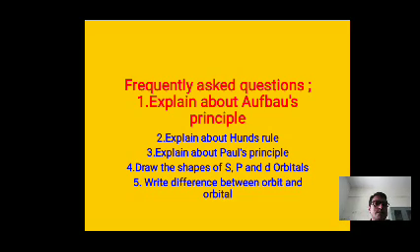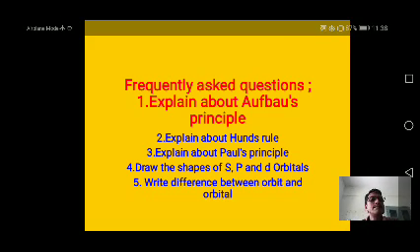Explain about Hund's rule. Whenever degenerate orbitals are available for electrons, the pairing of electrons takes place only after all orbitals are filled with one electron each. So according to Hund's rule, take nitrogen, which has 5 valence shell electrons.